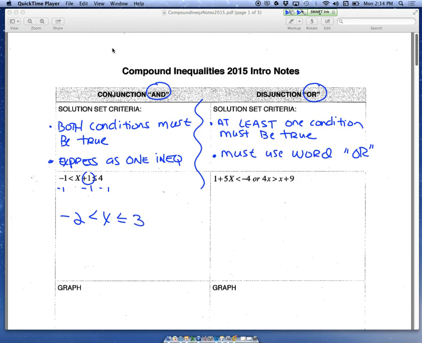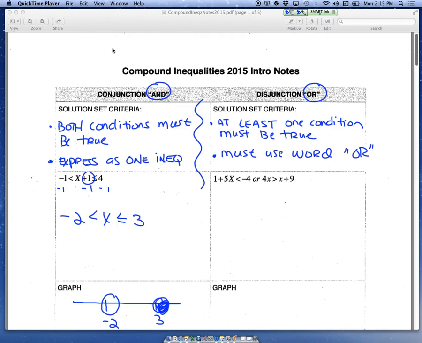To graph this, simply draw a number line. And your number line can actually mimic your expression. You have -2 and +3. I have strictly -2 is less than x, so that's an open circle. And x is less than or equal to +3, so that's a solid circle.